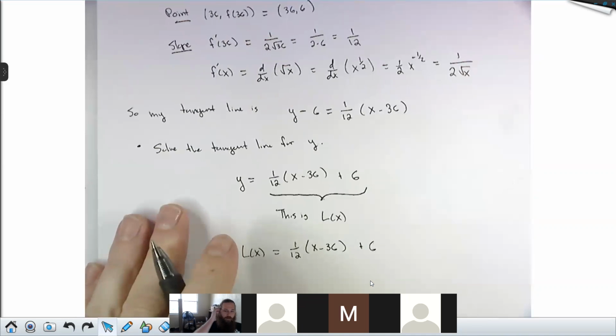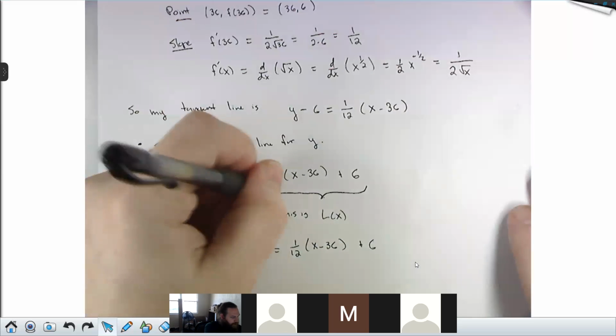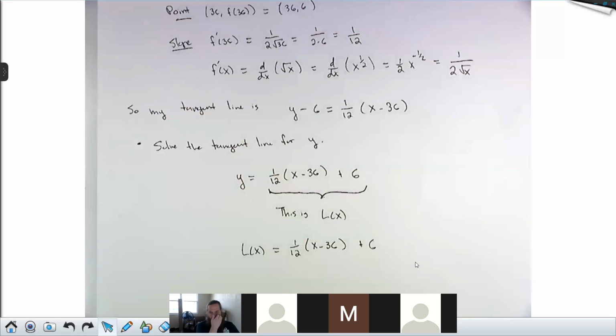And if I wanted to know the square root of any number that's close to 36, I could plug it into this function and get a reasonably good approximation out. So I'm going to go ahead and graph this now in Desmos. And then we'll use it to do the approximations.